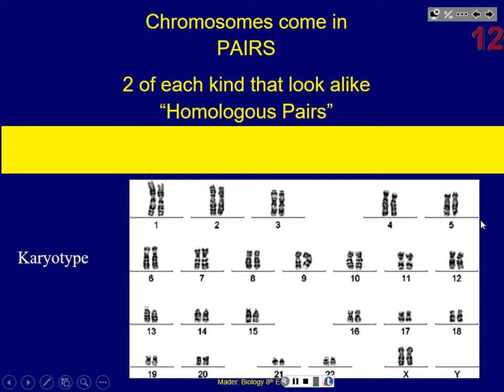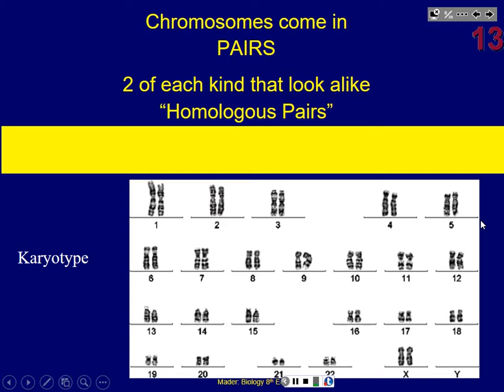Your parents, right? So that means that half of these came from mom's egg and half of them came from dad's sperm. So it's going to be one from each pair. One of the number 1s came from dad, one of the number 1s came from mom. Pair 2, one of them came from dad, one came from mom.